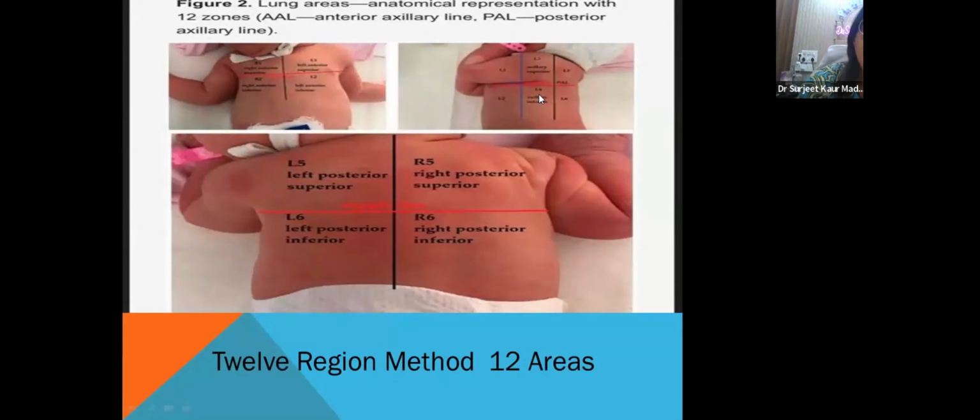So these are four lateral areas. Posteriorly, you put a vertical line at the medial thoracic spine and a horizontal line at the lower angle of the scapula, and again divide it into right posterior upper and lower, and left posterior upper and lower. So posteriorly four regions, anteriorly four, and laterally four. These are 12 regions, and ideally you have to scan all the 12 regions every time.